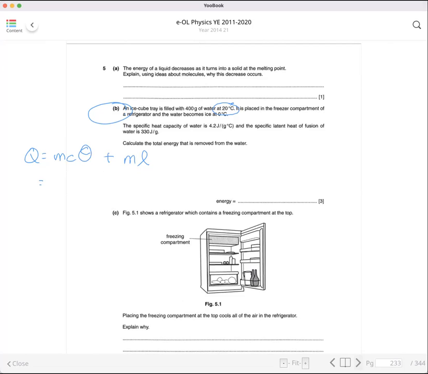M for both will be 400. The other two you fill in yourself, then tell me what's the answer. Try that again.